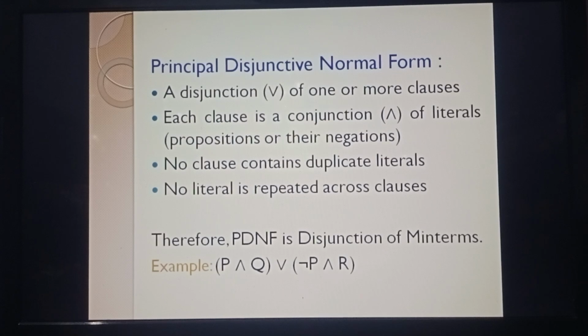For example, (p and q) or (negation p and r), where p and q, and negation p and r are the min terms. This disjunction of min terms is the PDNF, principal disjunctive normal form.